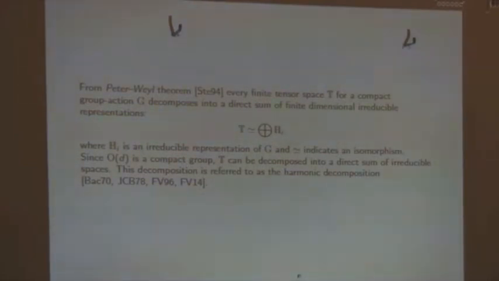For historic consideration, this analysis was, I think, first introduced by Backus in 1970 in a beautiful paper dedicated to the analysis of the anisotropic elasticity tensor with regard to some application for geophysics.